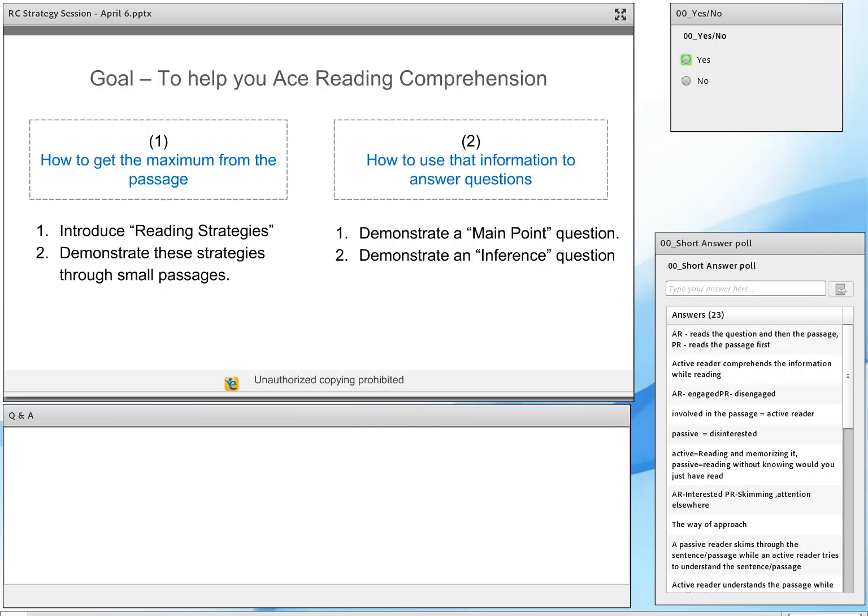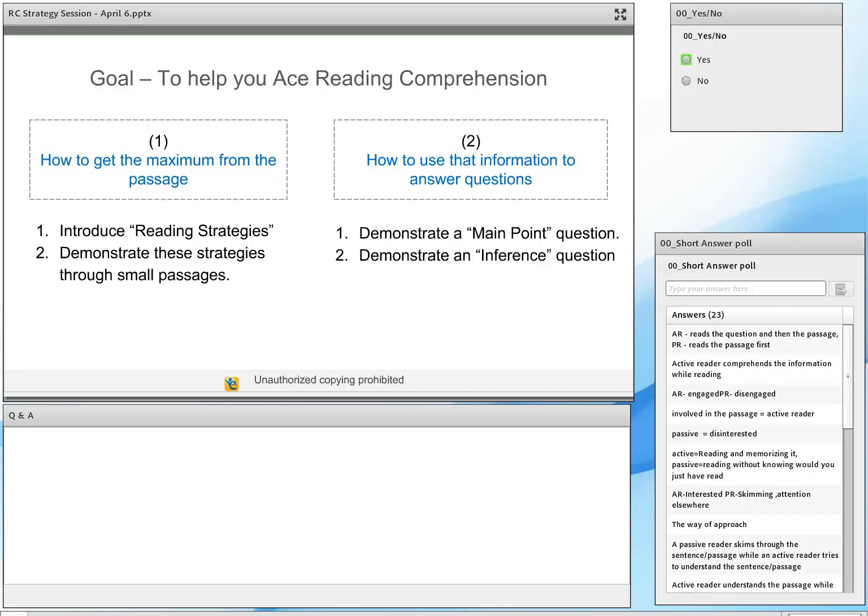I always mention that in this session just so I set your expectation right, because reading comprehension is associated with a large amount of text, right? But that's not what we're going to be talking about. We won't be utilizing such a large amount of text to prove our point, because it's a lot better to prove our point with a shorter passage, and that's what we're going to be doing.